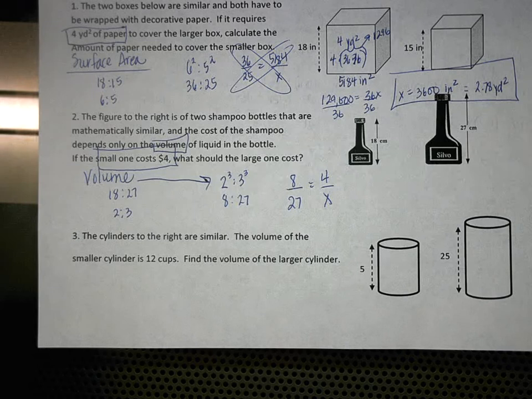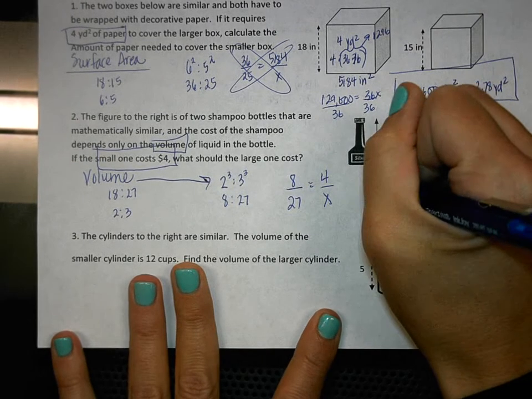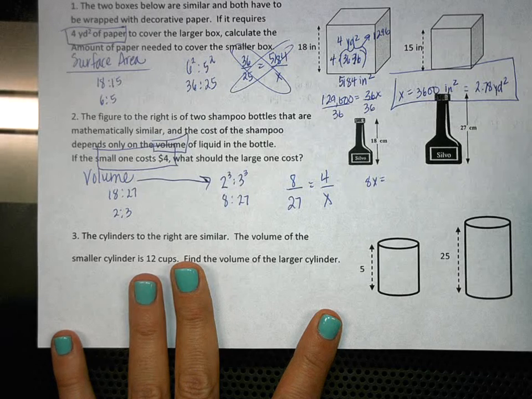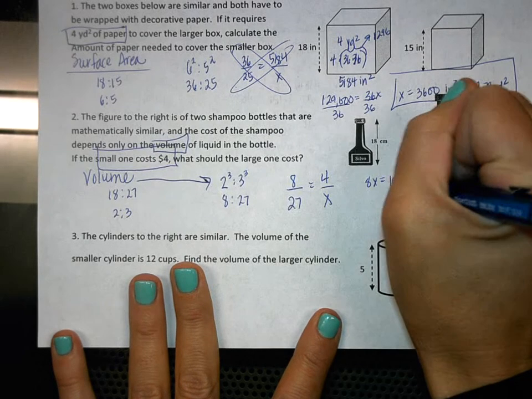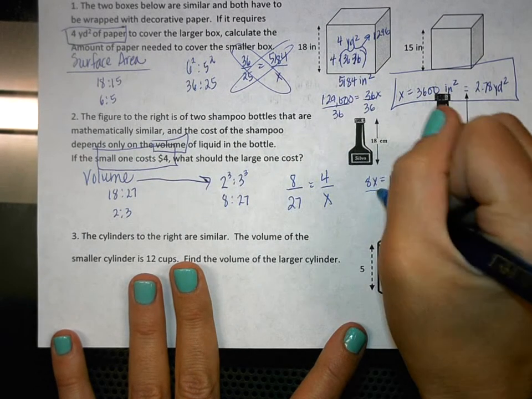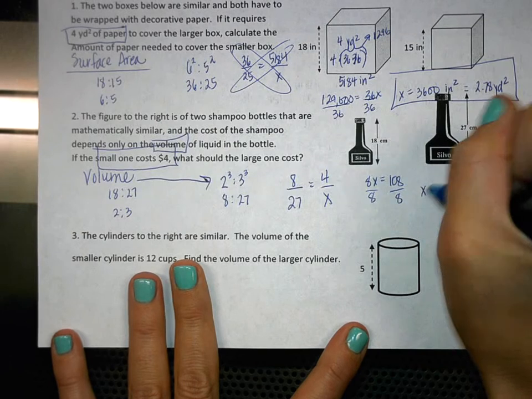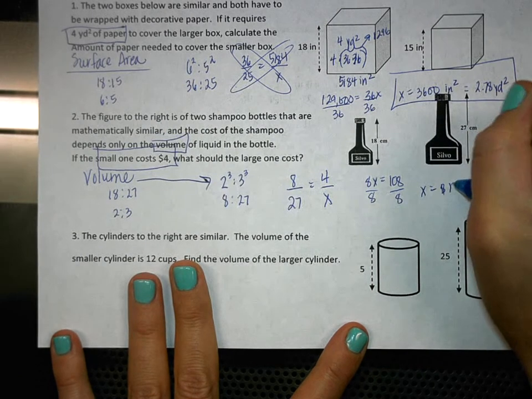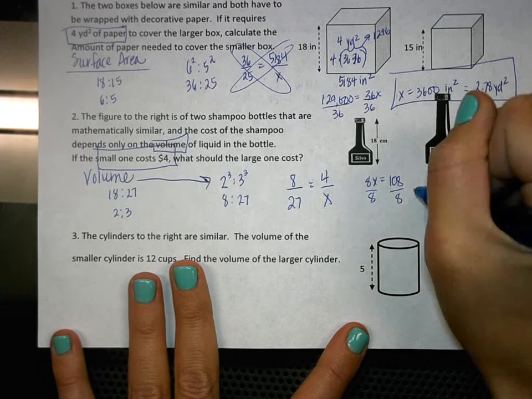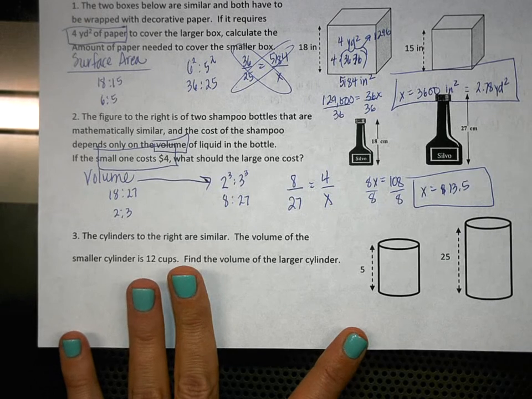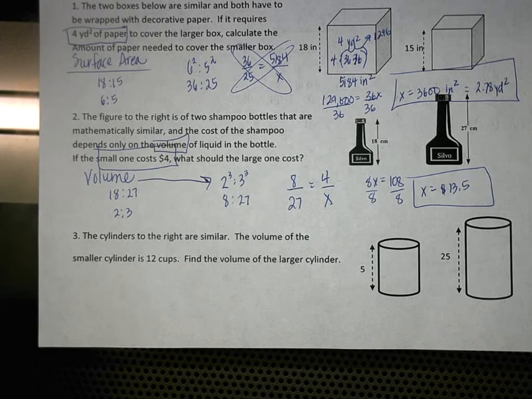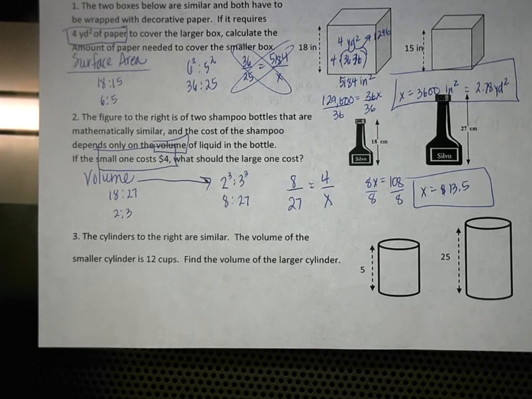We cross multiply. 8 times x is 8x. 4 times 27 is 108. We divide by 8 to both sides, and we get that x equals $13.50. Okay, questions?